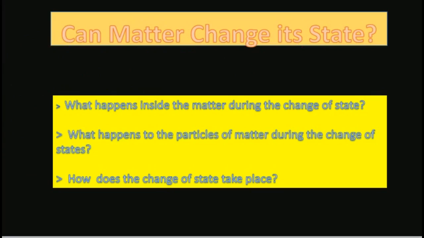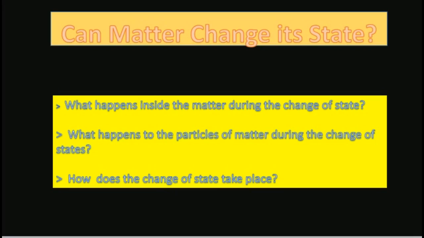Now the point is: what happens inside the matter during the change of state, and what happens to the particles of matter during the change of state? When we search for the answer to how the change of state takes place, we will understand the answers to these two questions as well. So now, how does the change of state take place?